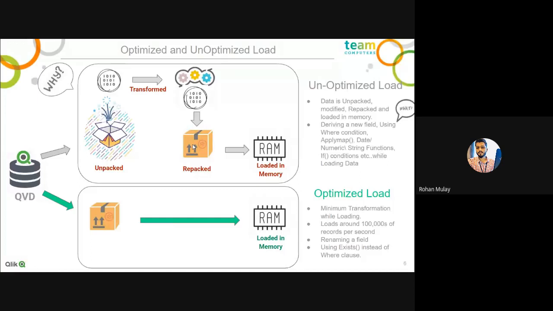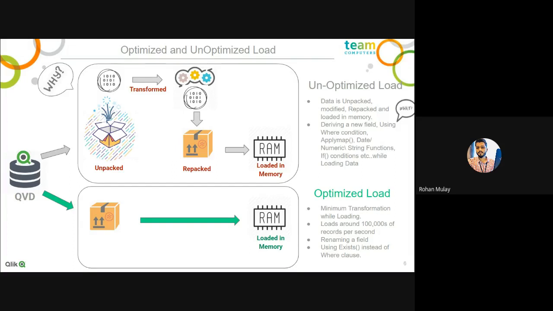Repacked in the sense that it compresses that data again as per the features of QVD, and then it is loaded into memory. This process of unpacking and repacking takes time, and that is why this is an unoptimized load. Compared to optimized load, this unoptimized load is a bit slower, and definitely you will see that in optimized load the reloads are faster. You can actually see the difference in the timings.